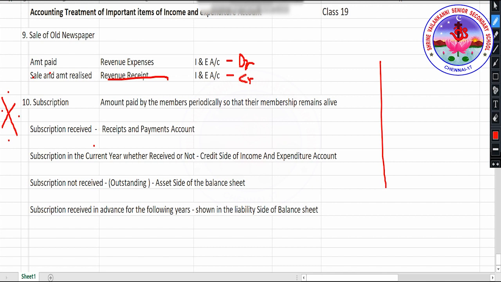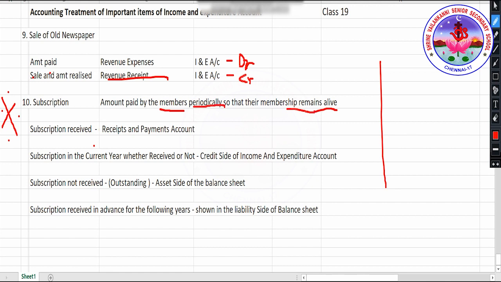Subscription. What do you mean by subscription? It is an amount paid by the members periodically so that their membership remains alive. So it is a periodical payment received from the members of the organization.